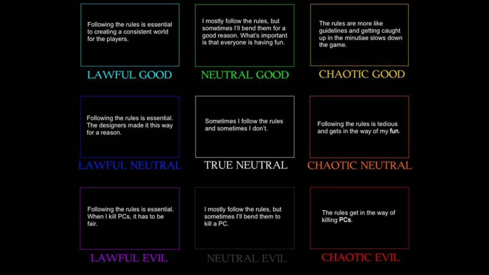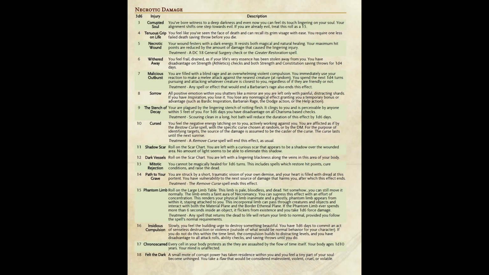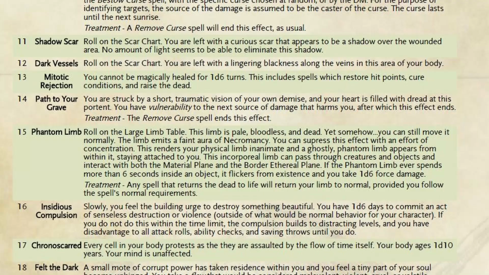If you're pushing them in the direction of becoming more corrupted by the world, more insane and more damaged individuals, seeing that shift from lawful good down towards chaotic evil, lawful evil or neutral evil, or even just towards a neutral apathetic character, that is important for character development. And the corruption table does that to a certain extent. But in this situation, corrupted soul, I would handle that on my homebrew corruption system. If you don't, you can simply use this one and go straight to 15, which is Phantom Limb.